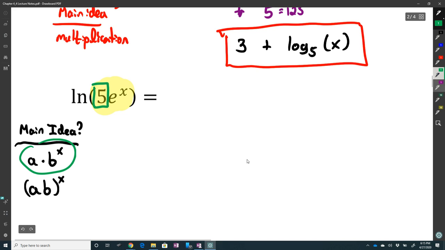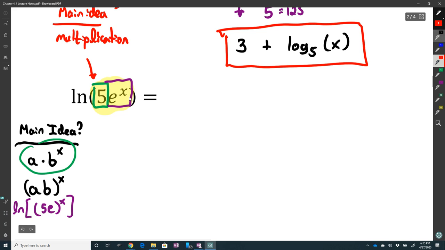So the main idea is still multiplication. If it was exponential, it would have looked like this: 5e to the x. If it was written like natural log of 5e to the x, then yes, the main idea would have been the exponent. Order of operations says do the exponent first. But here, the main thing happening is I have a 5 being multiplied to an e to the x. So here, the main idea is multiplication again.